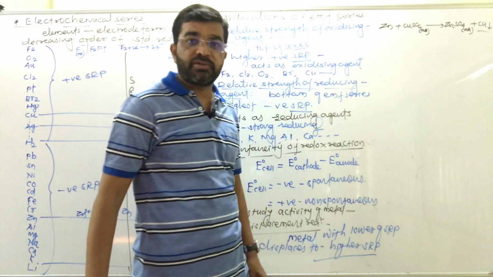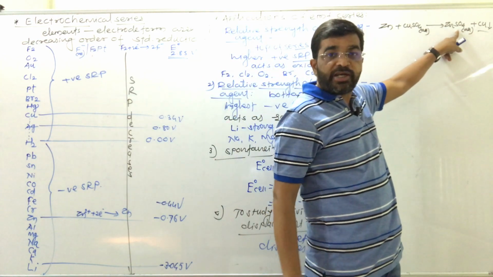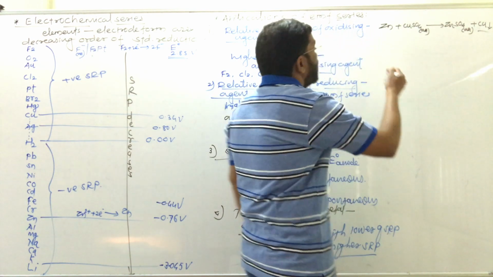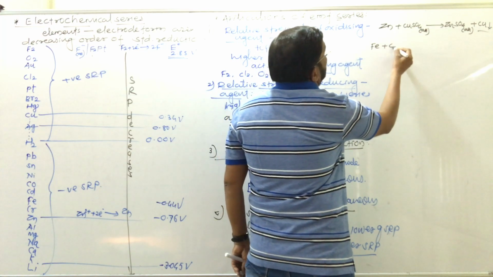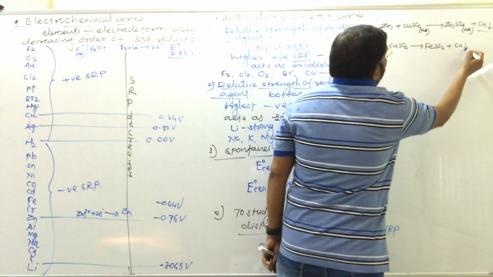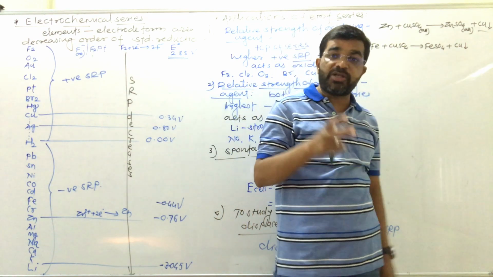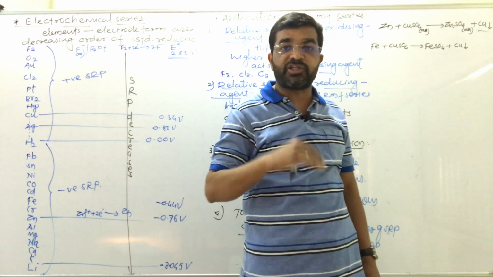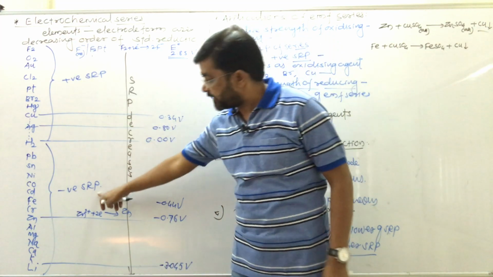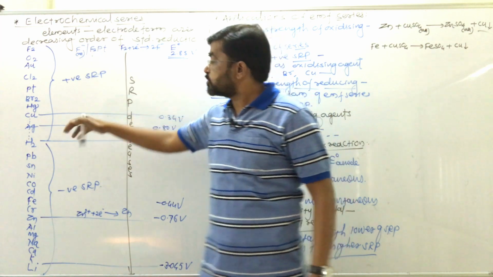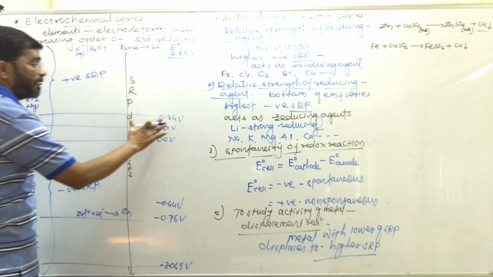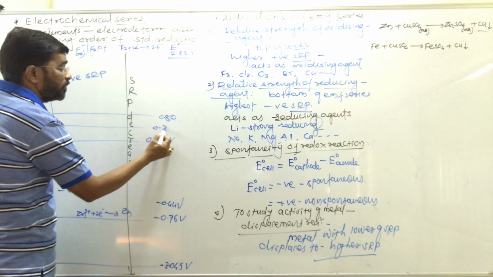This is the displacement reaction. And you see this reaction: Fe plus CuSO4 gives FeSO4, and copper is displaced. That is, in this reaction iron displaces copper because the reduction potential of iron is lower than that of copper. Here you see iron, and here is copper. Silver has the higher value, 0.80, and copper has the lower value, 0.34.